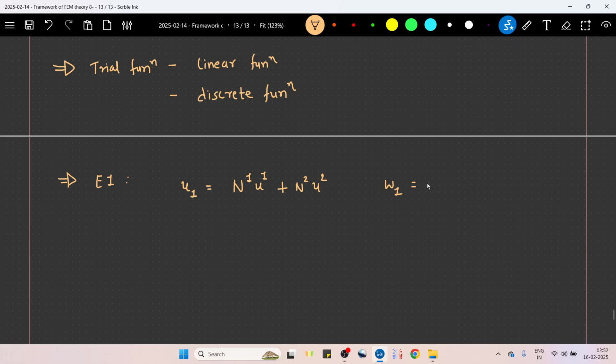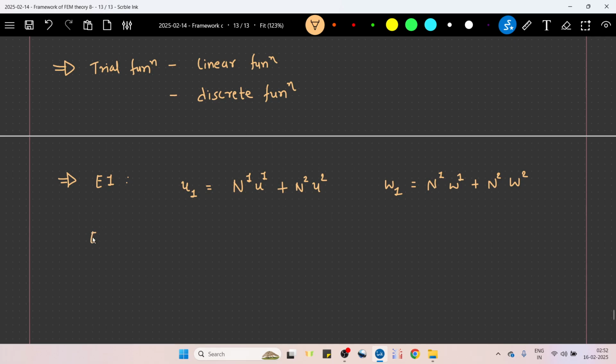As per the Galerkin weighted residual method, we can assume the weighting function the same as the displacement function, because it is arbitrary. We can choose any weighting function. So it is shape function n1 with coefficient w1 plus shape function n2 with coefficient w2.